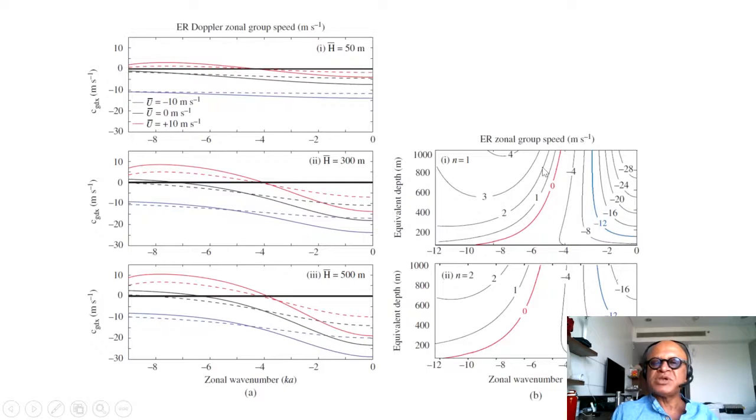So this same information here is drawn for different meridional modes. So remembering n is 1 and 2 here.